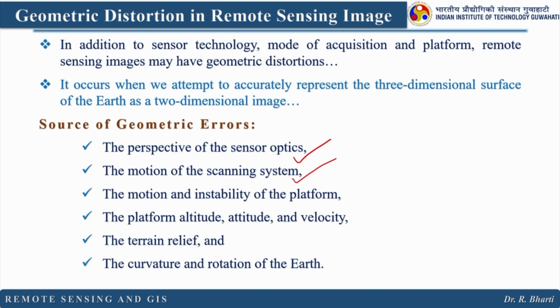If it is changing, then calibration, everything has to change. If only the velocity has changed because of some abnormality in the system, then you will have the problem of geometric distortion. Next is motion and instability of the platform, whether your platform is properly stable or it is going to change with time or with respect to the ambience.